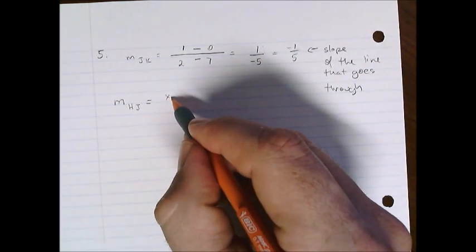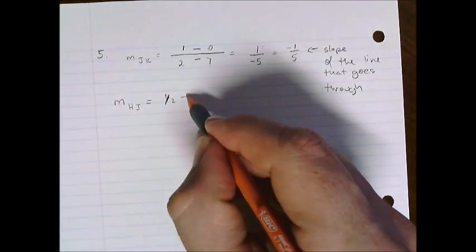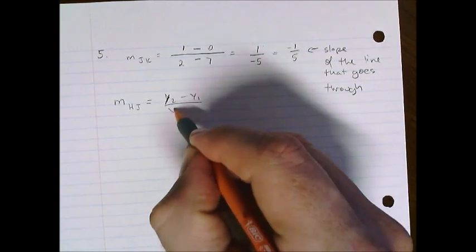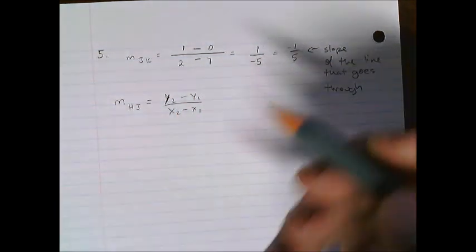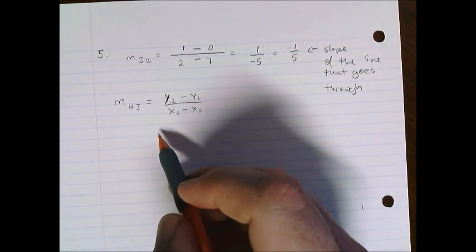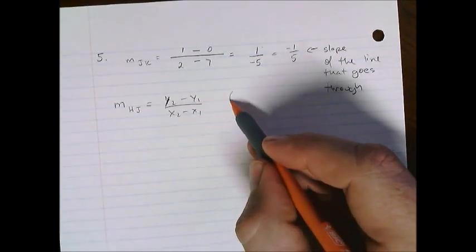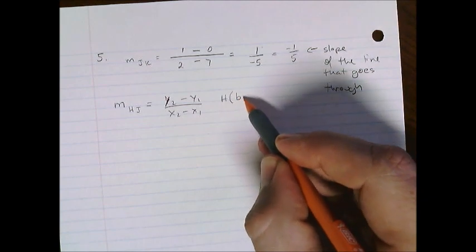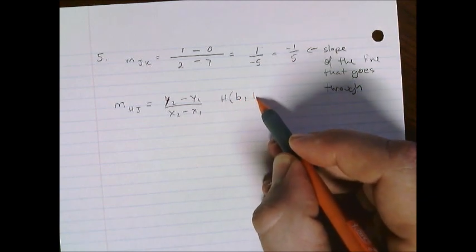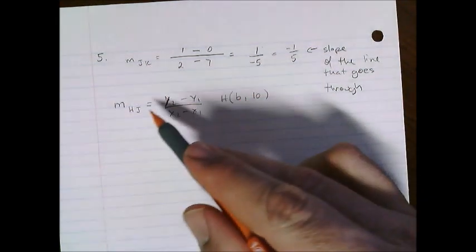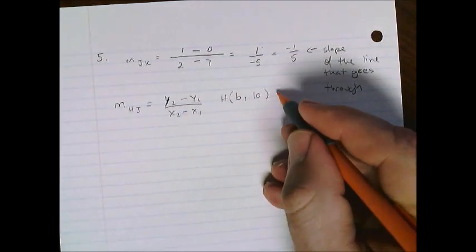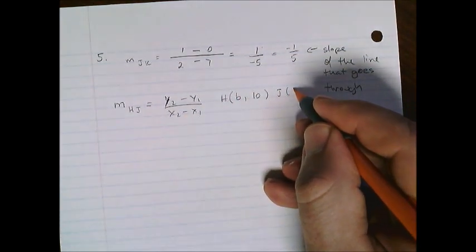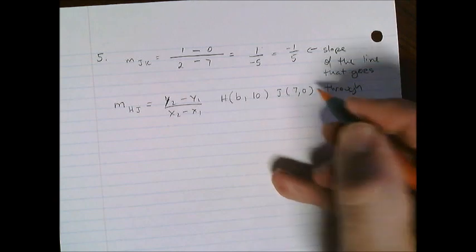And that's y2 minus y1 over x2 minus x1. And I'm going to write them down, because point H is (b, 10), and in this case J is (7, 0).